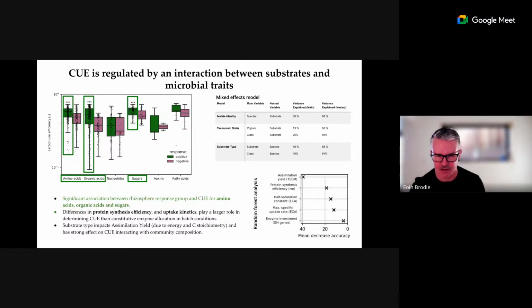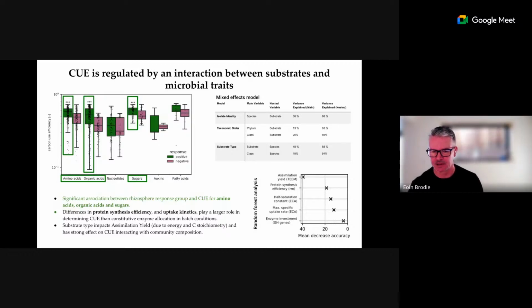The main point of this, I realize there's a lot of information on this slide here, is what explains the competitiveness of these organisms and their carbon use efficiency. The first thing is the assimilation yield, which is directly a function of the carbon oxidation state of the substrate. So the more electron-rich substrate explains a lot of the variance.